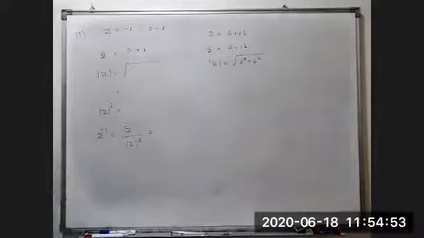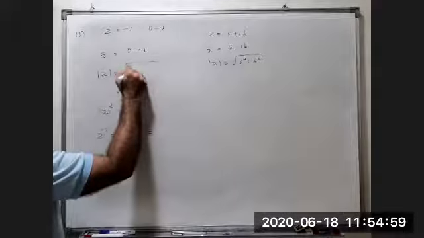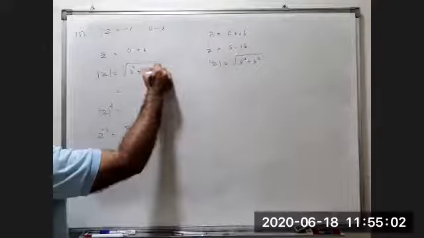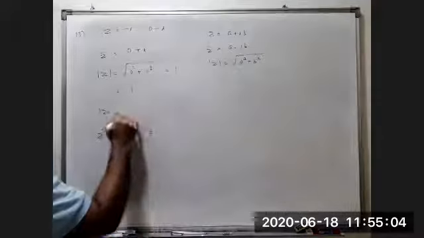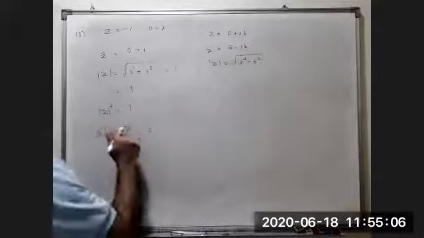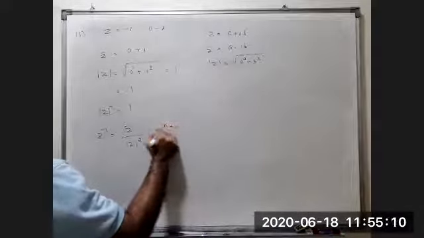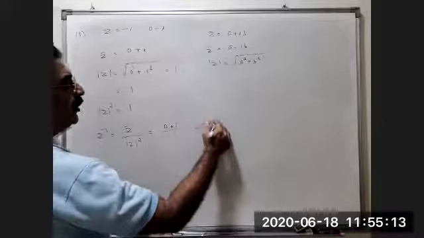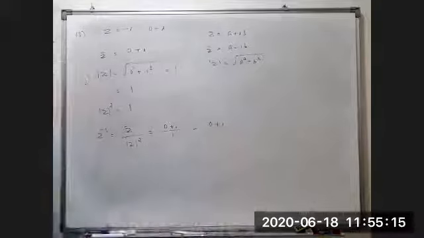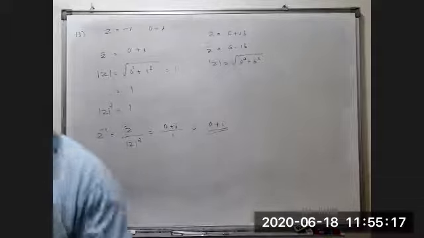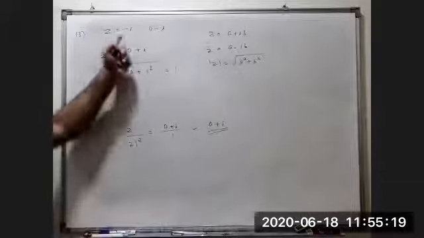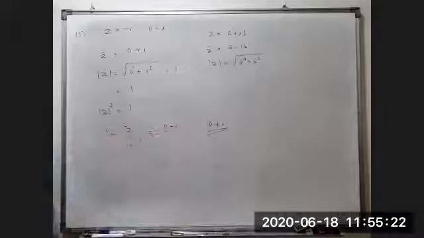Minus i means 0 minus i when writing in a plus ib form. So modulus square of it is 0 square plus 1 square, which is 1. That's also 1. So z bar by 1 is 0 plus i. So inverse of minus i is i only. Now the last question.